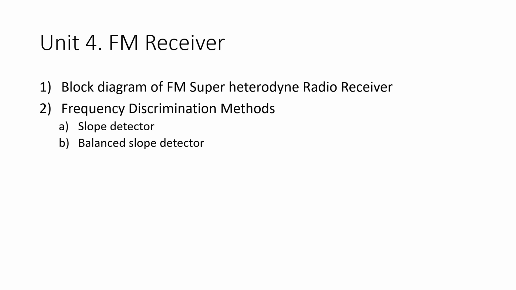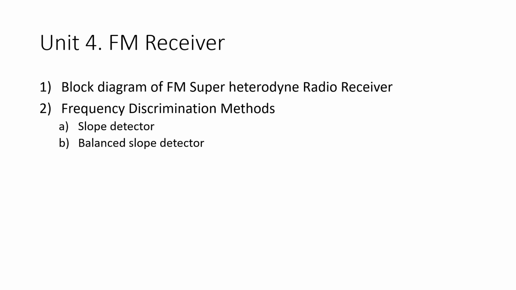In the FM superheterodyne radio receiver, the limiter removes amplitude variations from the FM signal. After the limiter, the discriminator or detector in the FM receiver converts frequency variations from the FM signal into equivalent amplitude variations.